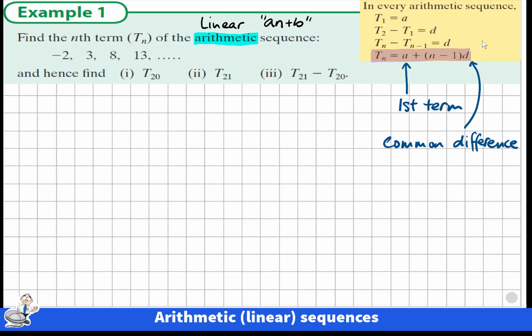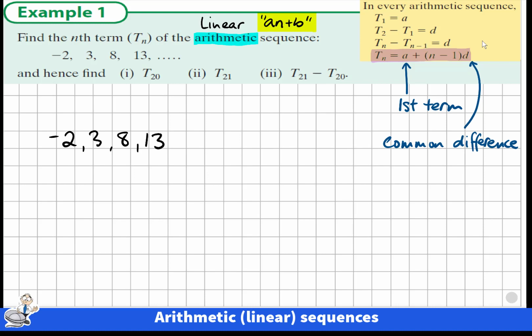Or we could express it in terms of this, I'm putting in yellow here, it's like y equals mx plus c, in terms of the c, which is sort of the zero term, and the slope, which is to do with the common difference as well. So how would you go about this question here? -2, 3, 8, 13.